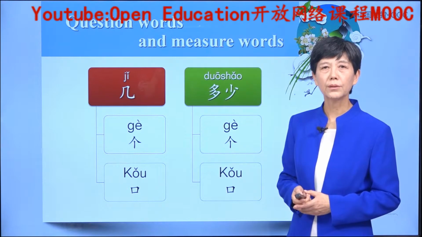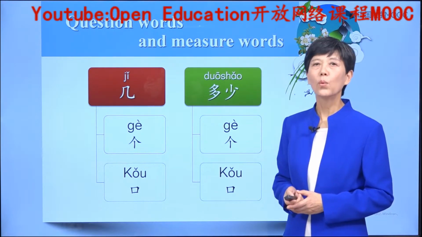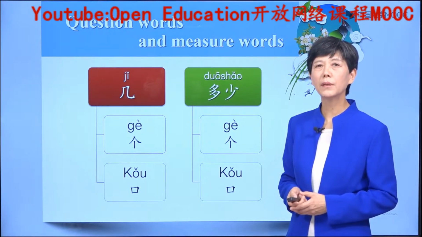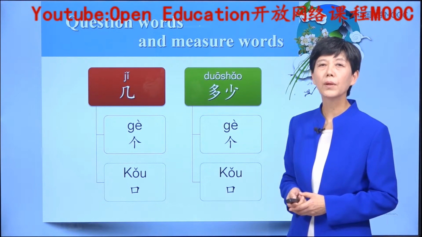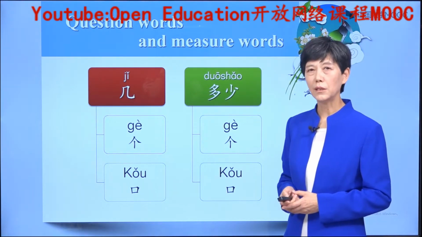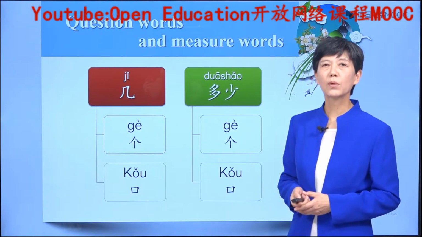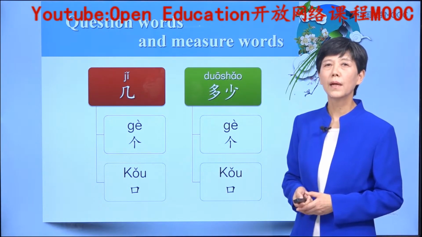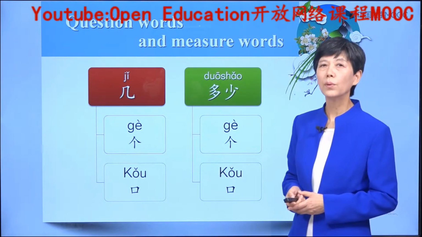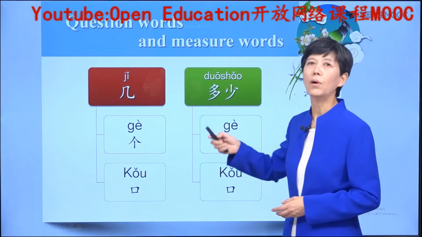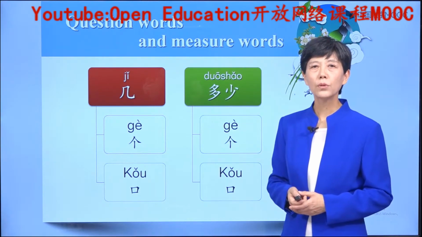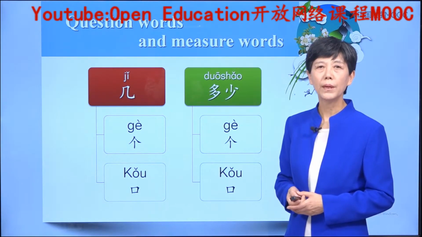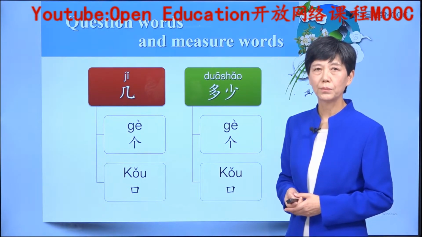It is easier to learn them together. When we raise a question for a number that is less than 10, we would use 几. But when we raise a question for a number that is more than 10, we will use 多少. Both of them mean how many or how much.